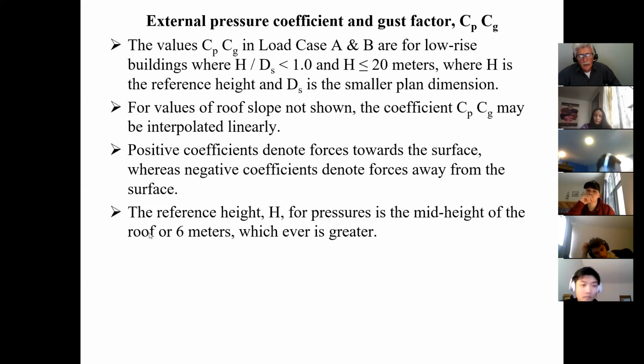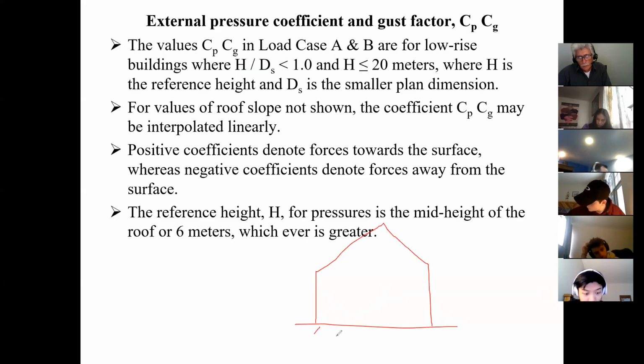The reference height H for pressures is at mid-height of the roof or 6 meters, whichever is greater. So in other words, what they're showing you here is that if I happen to have a gable, which is simply a slope roof, I can go and find out what this is, and I can take this as being my height.